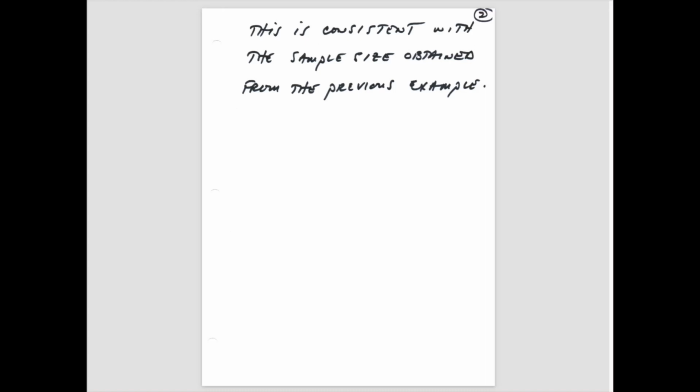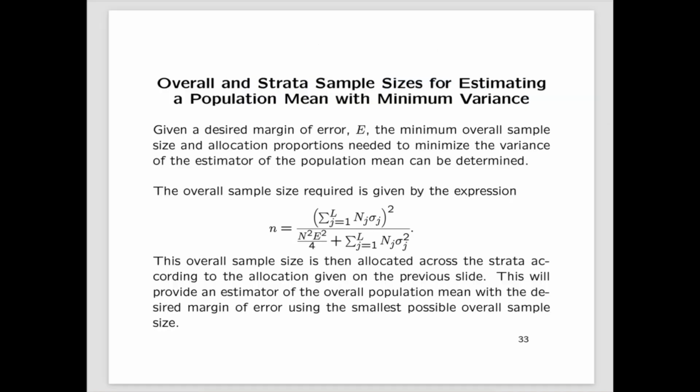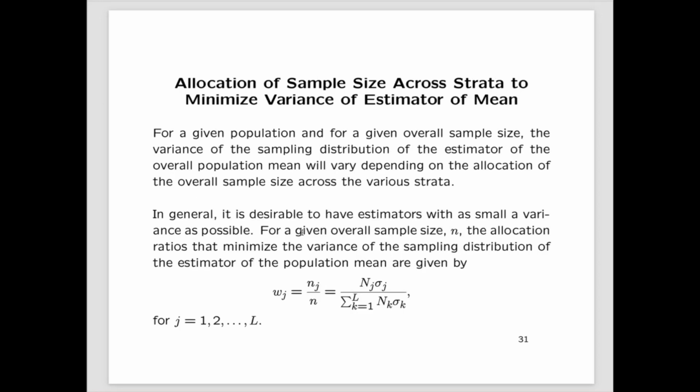We can use the previous approach where we found the optimal strata sizes and found the overall sample size, or we can use this formula to first get the overall sample size that will give us a margin of error of no more than cap E, and then the previous formula, which gave us the optimal allocation, and then in conjunction with that, come up with the strata sizes.